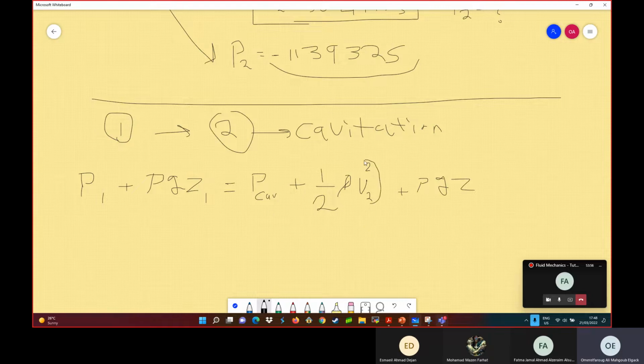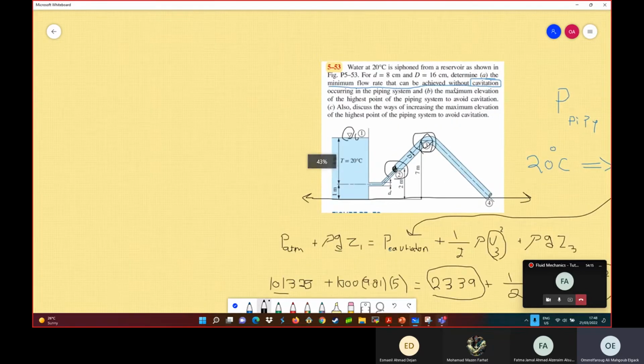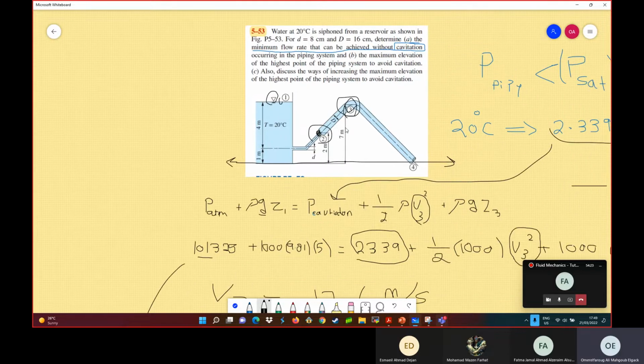I want to find V2, and when you multiply V2 by the area, you will find the volumetric flow rate of the system that will just give me cavitation. This is what the question requires: the minimum flow rate that can be achieved without cavitation. I'm on the verge.